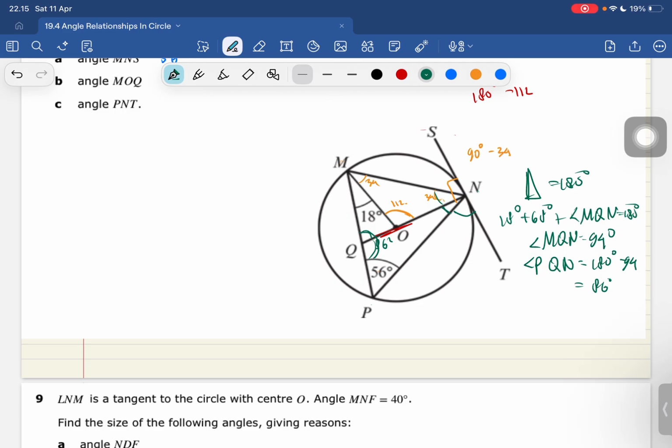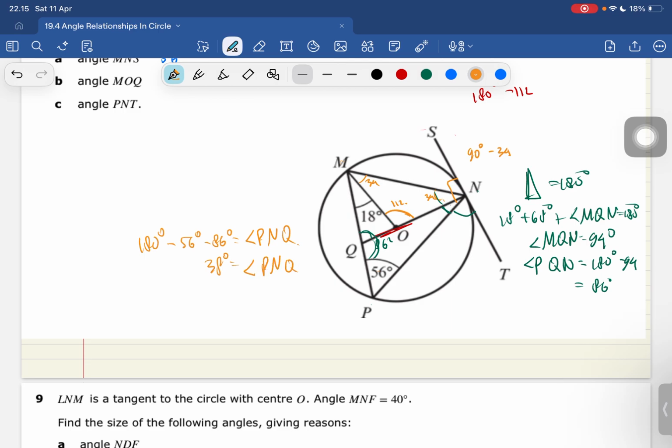Okay, this angle, the total of the triangle is 180 degree, we minus 56 degree minus 86 degree equal to angle P and Q. So we got 180, minus 56 minus 86. So it's going to be 38 degree.